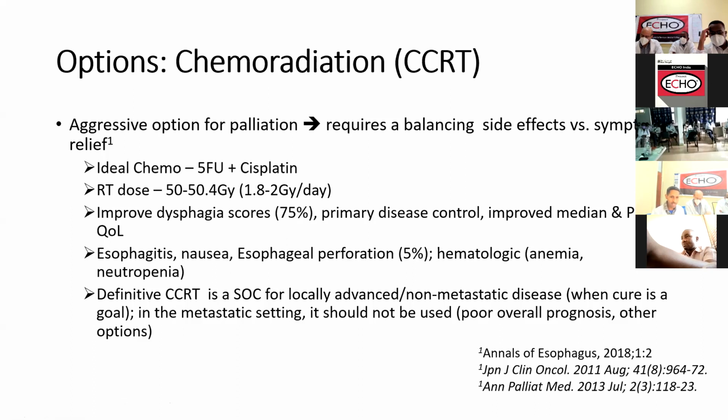Unless you have the intention of curing the patient, in metastatic and locally advanced patients for palliation purposes it's not usually recommended to use concurrent chemoradiotherapy, because it has a lot of side effects like esophagitis, nausea, esophageal perforation in around 5% of cases, and hematologic complications like anemia and neutropenia. Also, patients at this metastatic and locally advanced stage have a poor overall prognosis, and at the same time we have other effective options like self-expanding metallic stents, chemotherapy, radiotherapy alone, and so on.